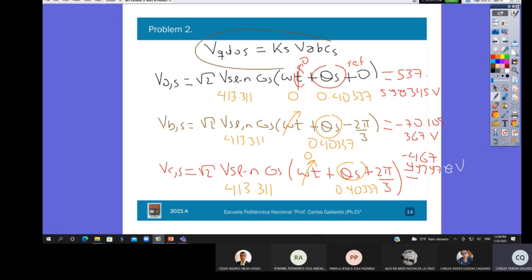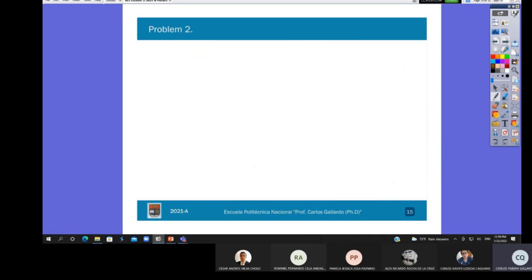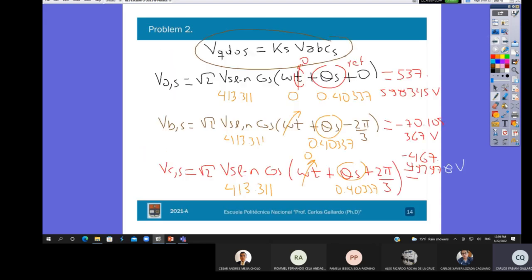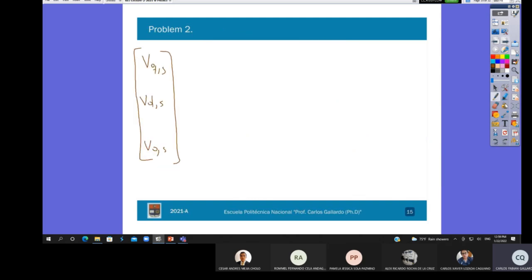So using the Park transformation, I will have the quadrature axis voltage, the direct axis voltage, and the 0 voltage for the stator, equal to the transformation matrix, which is 2/3 times: cosine omega t minus 0, this is the element 1 by 1.